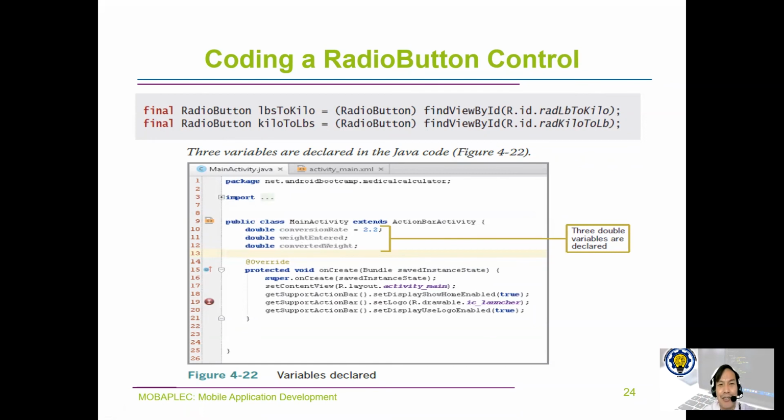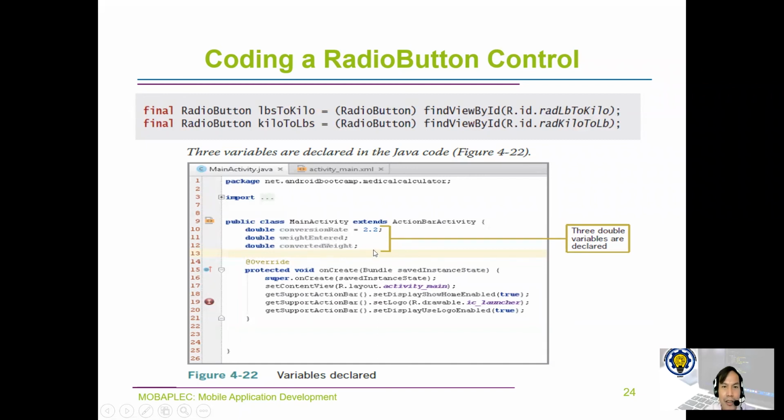Okay, so we have a constant value for the double, which is final, as I told you, which is 2.2, the constant value. Then we have a double weight entered and a double converted weight. So actually, there's a shortcut here. If the given data type is double, for example with weight entered, you can have a comma, then converted weight.